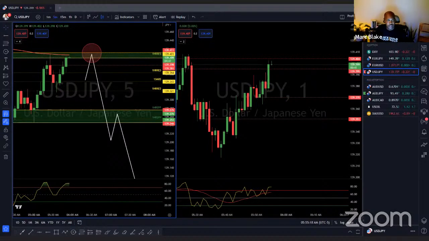Does that make sense? If it gets weaker, the drop is going to get weaker, until it becomes equilibrium where they're consolidating, and then USD becomes stronger than Japanese yen, and now we're shifting to the upside in the market.